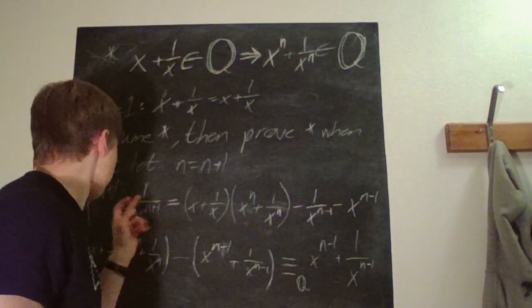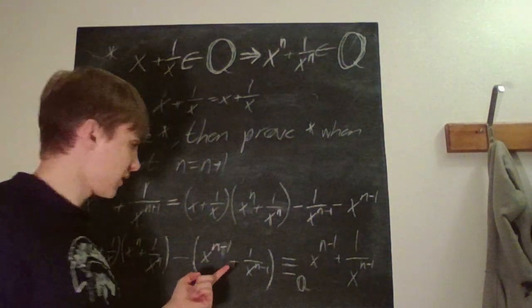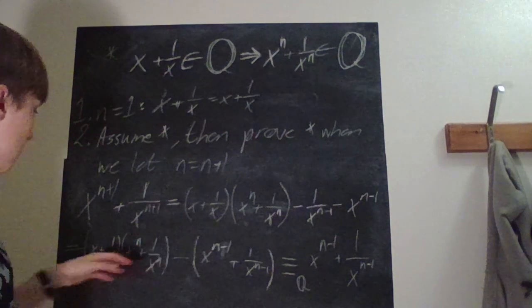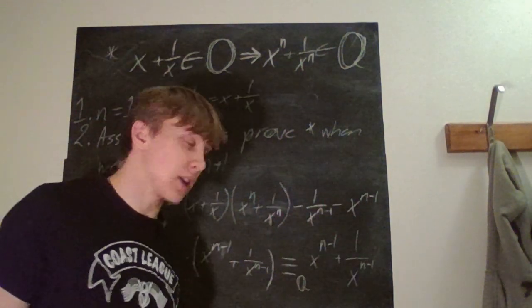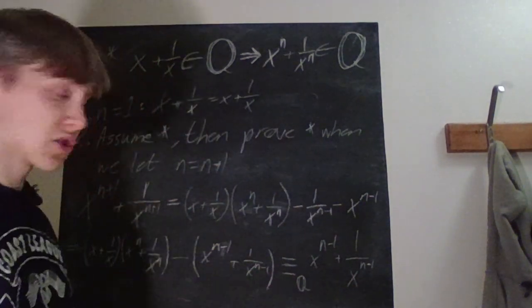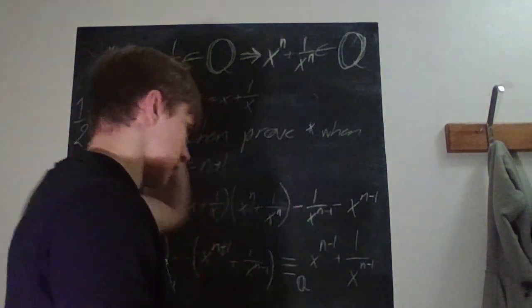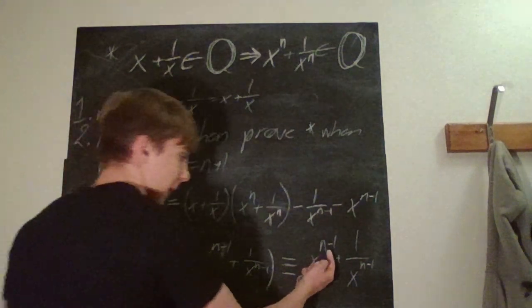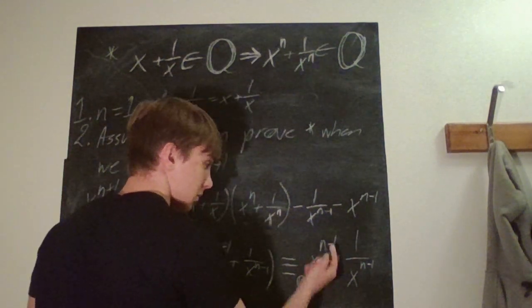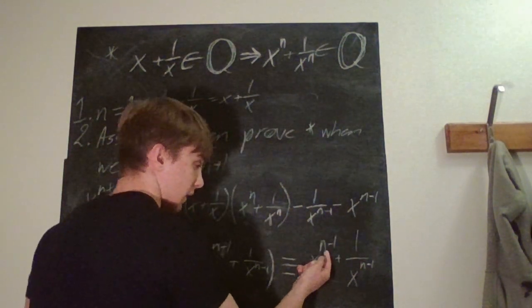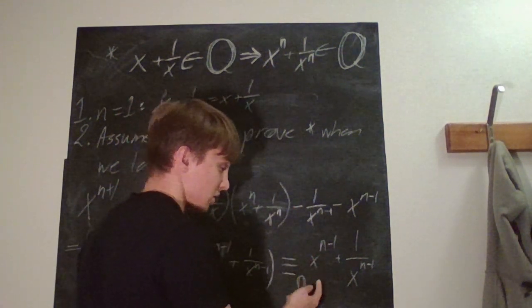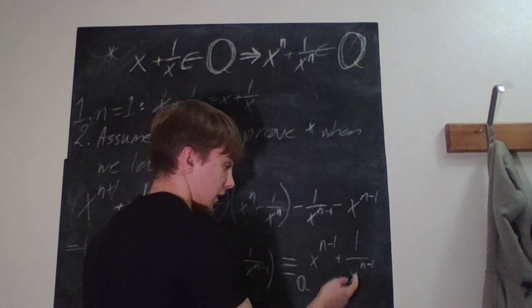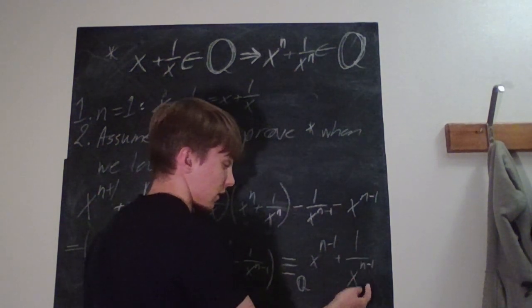And if n was odd from the start, then we just keep on subtracting 2 until we reach, say, a 1. And then if n is 1, we get an x to the power of 0, which is just 1, and then 1 over x to the power of 0, which is 1.